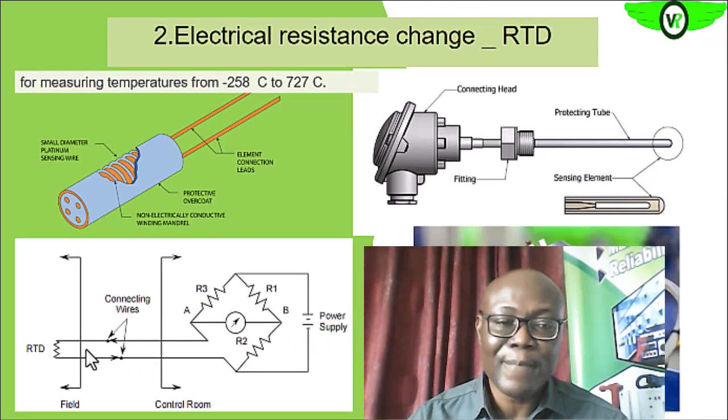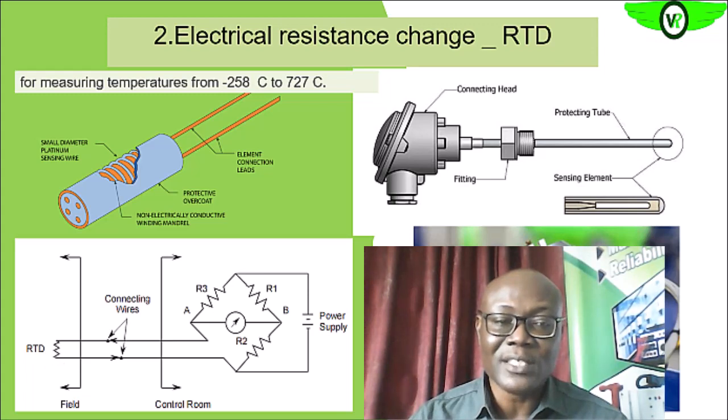At rest, that is at zero temperature, it is connected so that the deflection or the output from here will be zero. As the temperature is changing from zero, of course, the balance of the Wheatstone bridge will be altered because the resistance of the RTD will change.